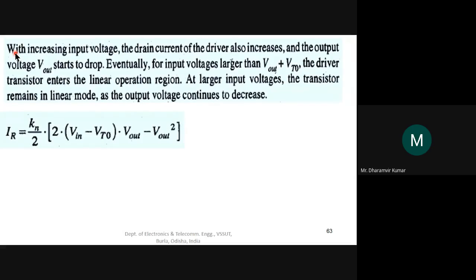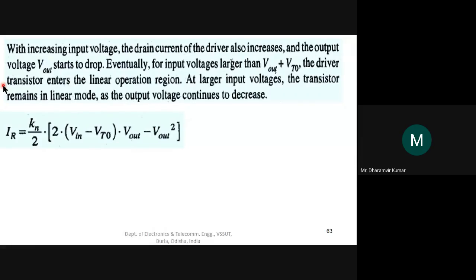Earlier it was in saturation, that is verified, but now it is entering into linear mode of operation when we make the input voltage higher and higher. Try to verify this condition. If you are able to understand it, you tell me, otherwise you tell me. I will explain this in the next class.